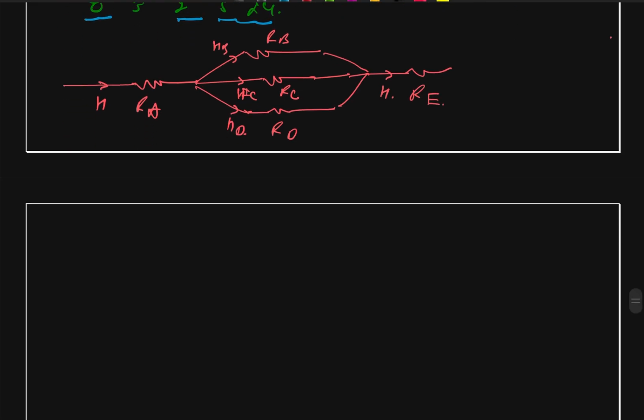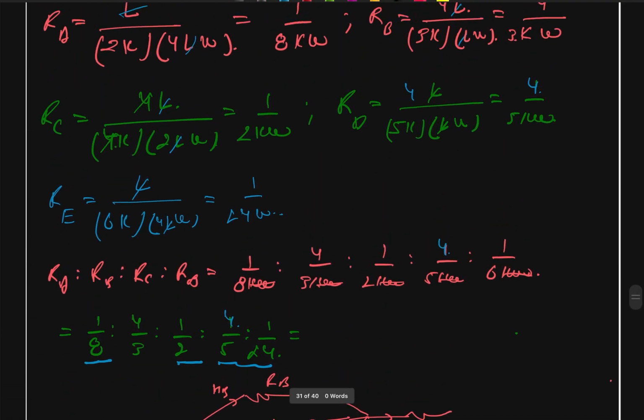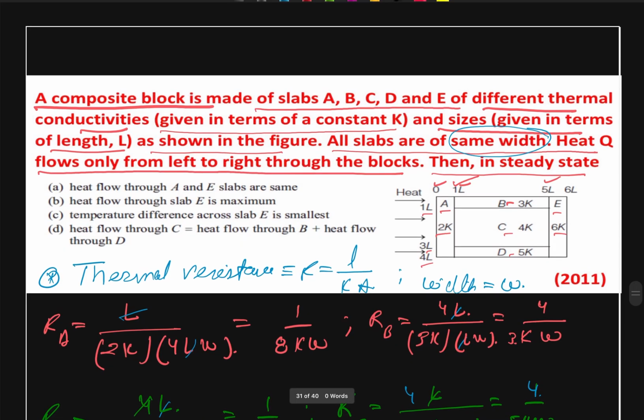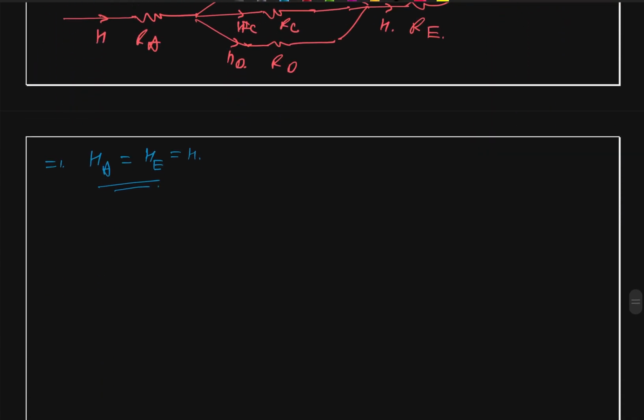So from here we can at least say that our H of A will be equal to H of E, and let us suppose that is given as H. So at least option A is correct.